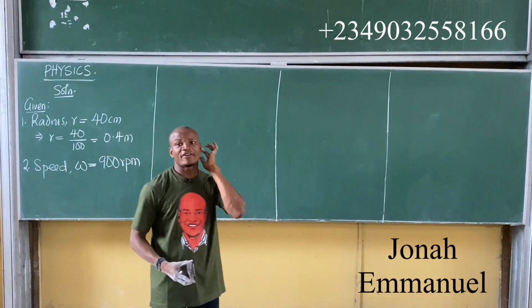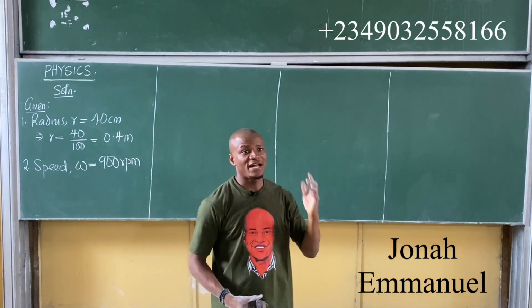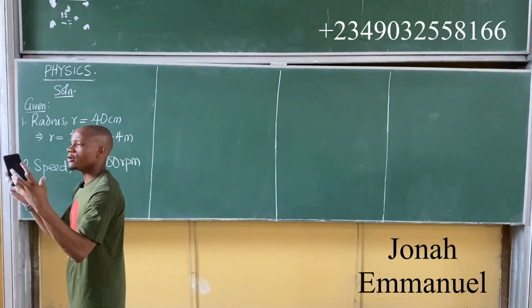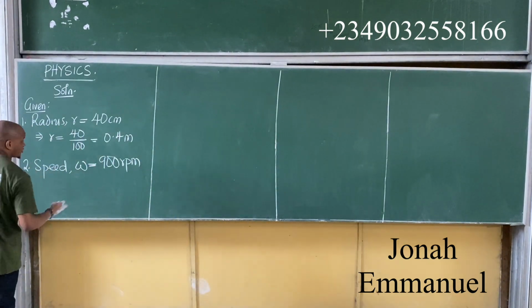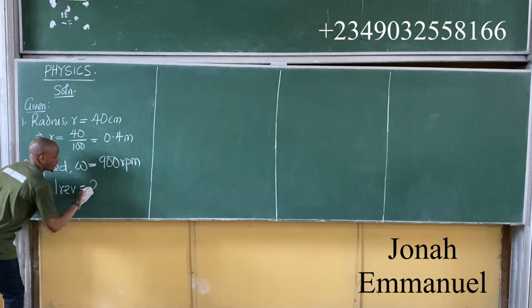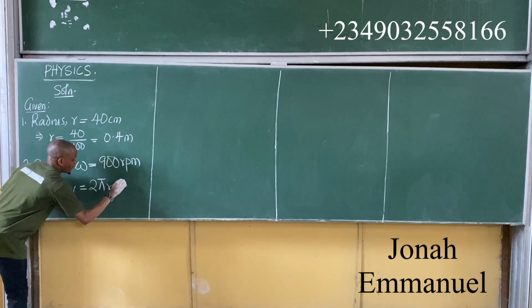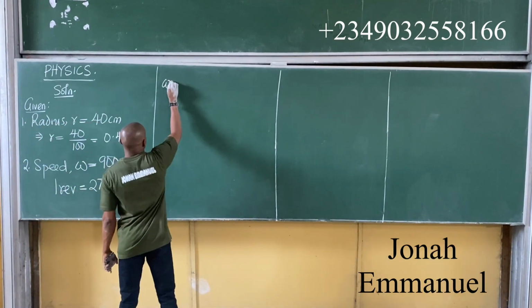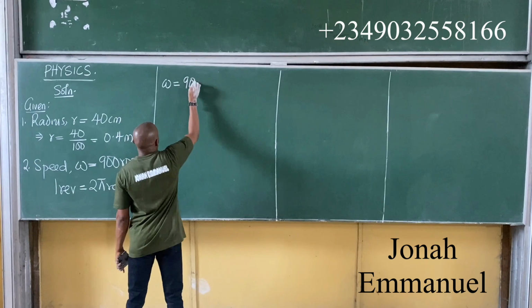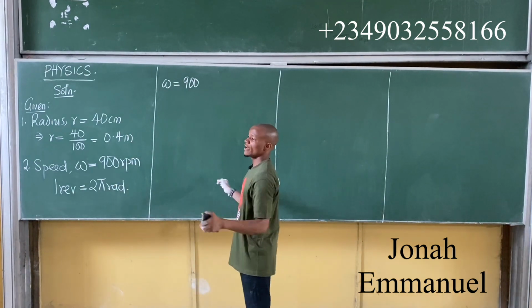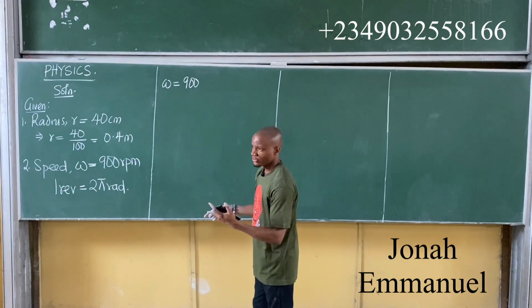If I have revolution per minute, convert it to rad per second. So how do you do that? I gave you a relationship. 1 rev is equal to 2 pi rad. Now listen, here's my simplest way of explaining conversion.